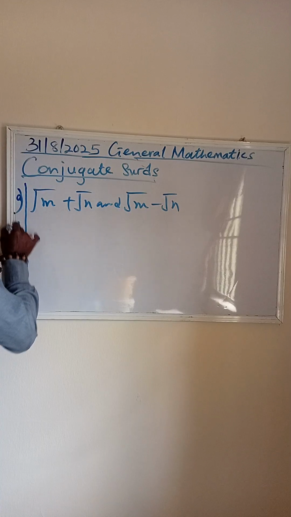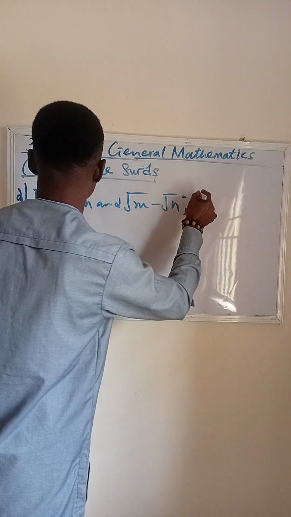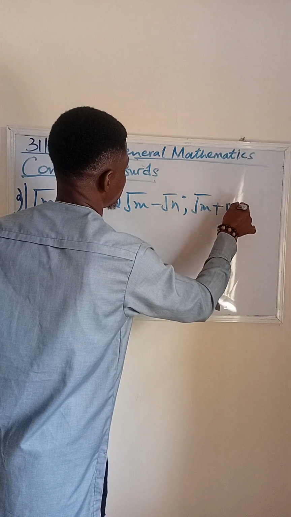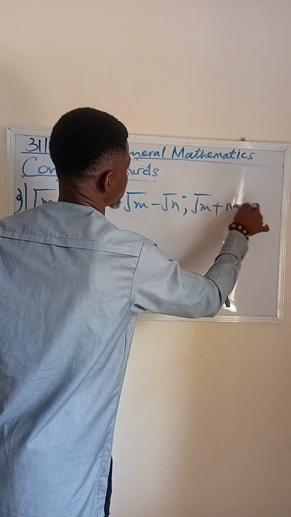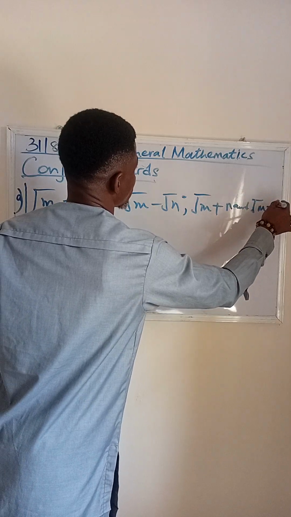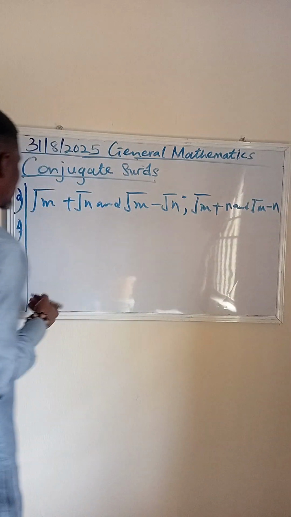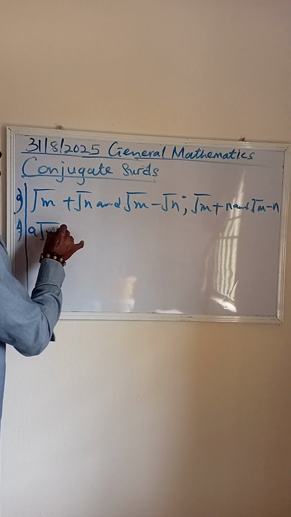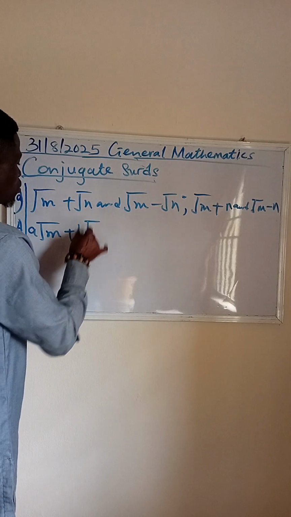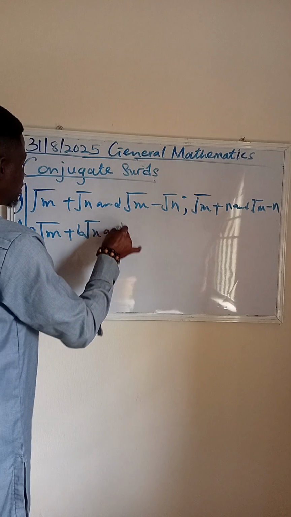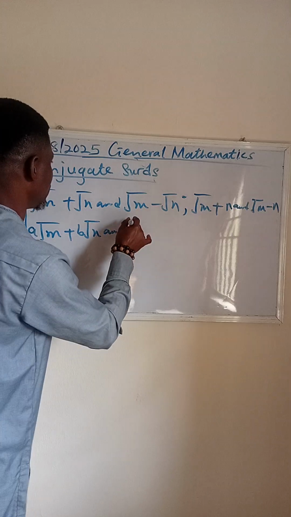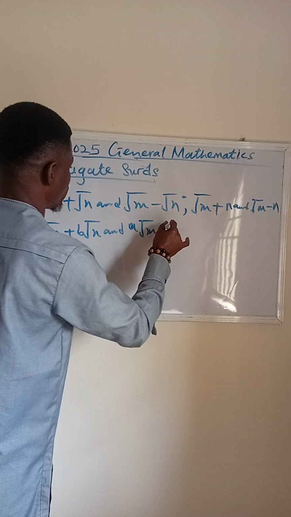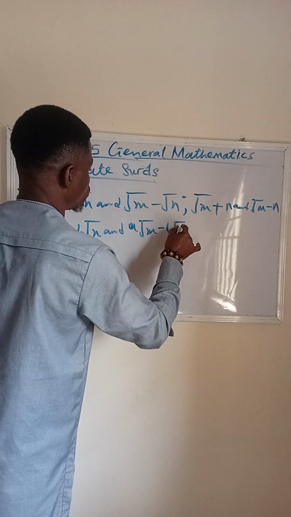Then two, another one: root m plus n, and root m minus n. Then three, let's say we have a root n plus b root n, and a root n minus b root n.